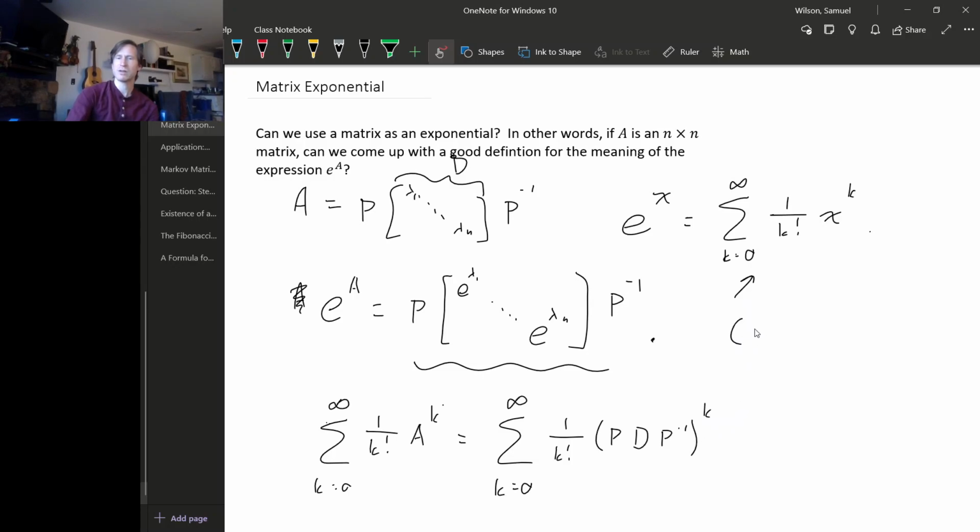Now the thing about this product, P times D times P inverse to the k, is that as long as k is bigger than 1, we can write this as P times D times P inverse times another P times D times P inverse.